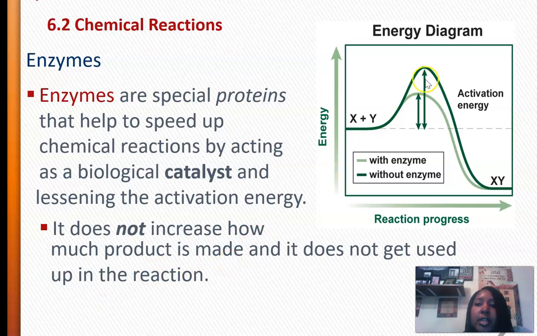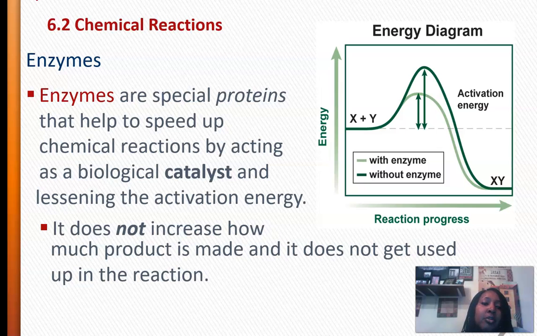Here is an energy diagram, and you can see that the light green is with the enzyme and the dark green is without the enzyme. You can see the activation energy and what the enzyme does to it. It lowers the activation energy. That's how enzymes are able to speed up chemical reactions.